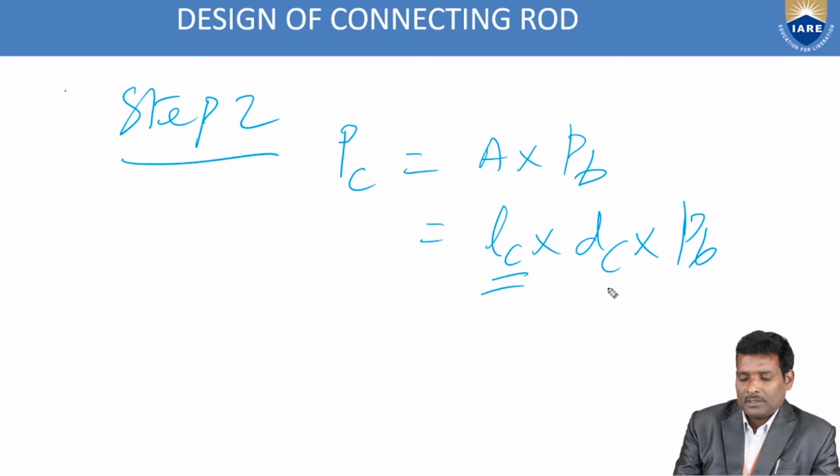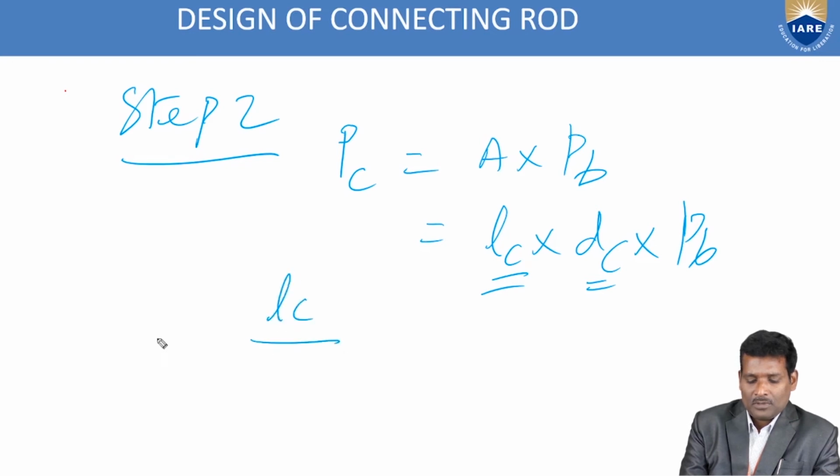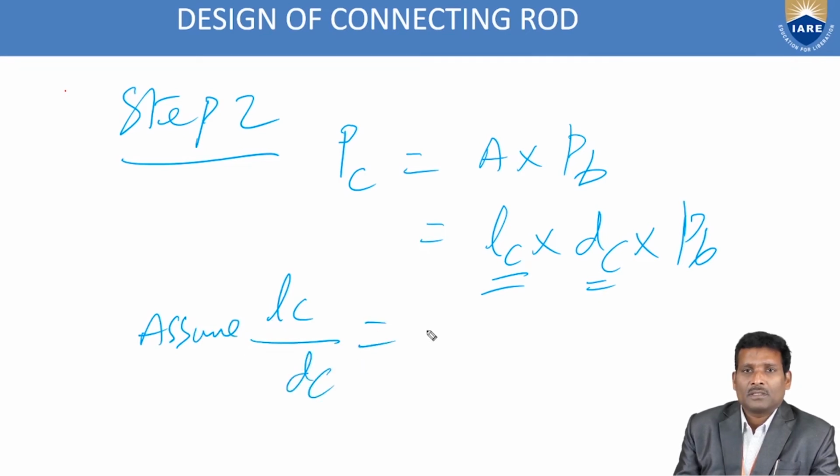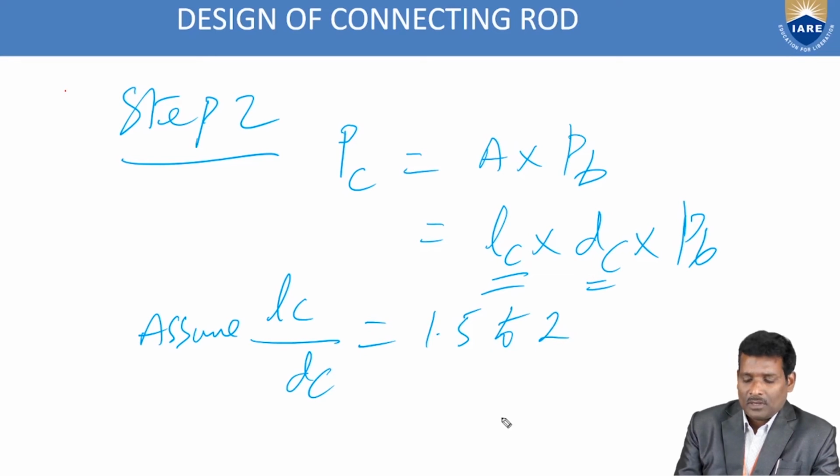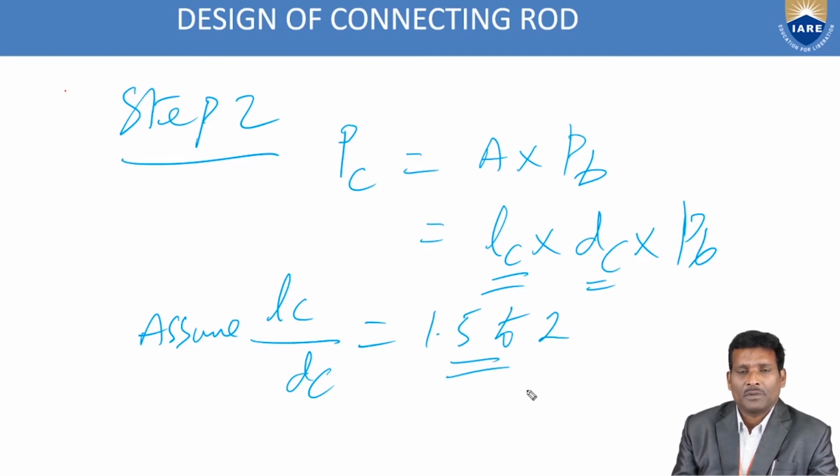Here two unknowns are there, L and Dc, so assume L by Dc is equal to 1.5 to 2. You may take this from a design data handbook. No need to remember this value; the tabular form is available in a data book.